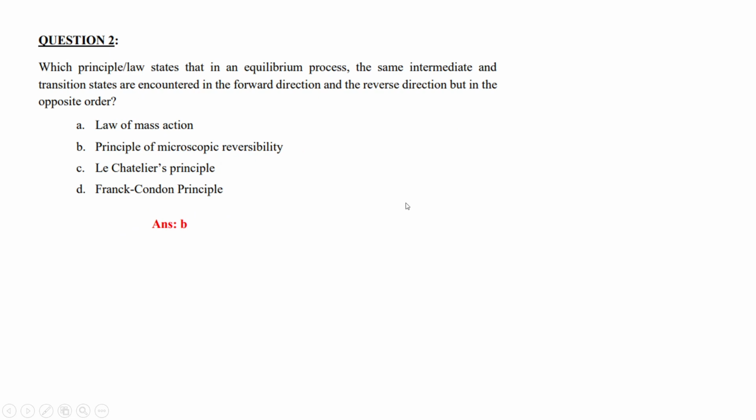They just want to know which principle is classified with this kind of definition. So this is the principle of microscopic reversibility.